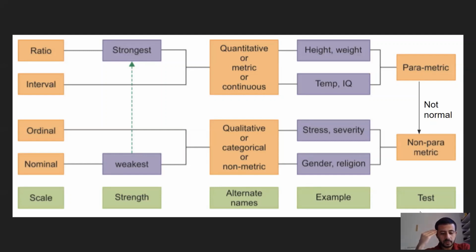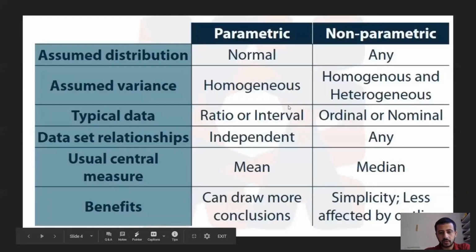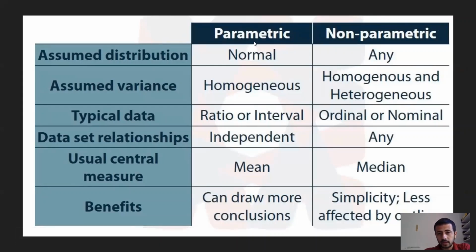If you remember the data we have, okay, let's leave that till we reach there. Okay, so here we have the parametric and the non-parametric concepts, okay? The assumed distribution in the parametric tests, we use normal distributions. For any other thing that is not normal, we will use non-parametric tests.